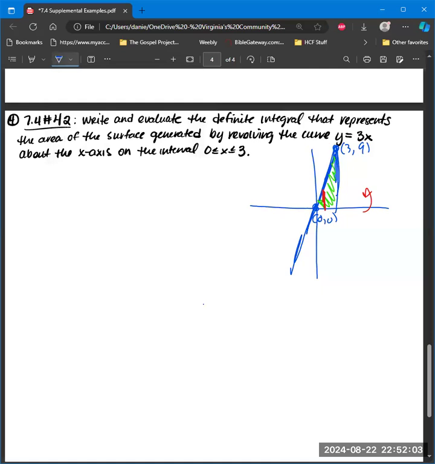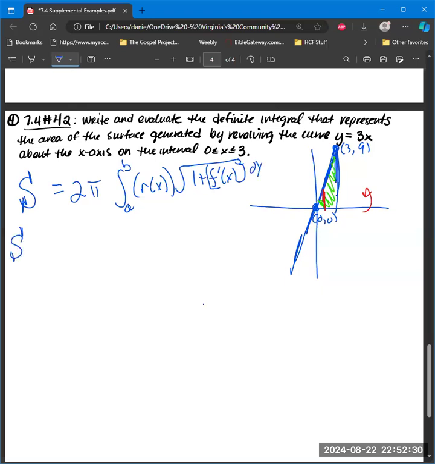So surface area, this is a good one. So surface area is equal to 2 pi integral from a to b of r of x square root of 1 plus f prime of x quantity squared dx.